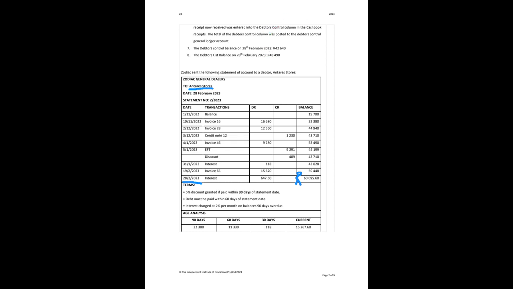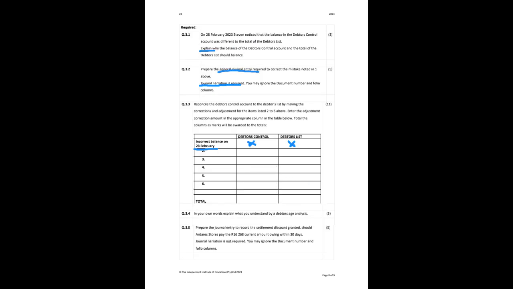These balances. Those are the balances that you will begin this exercise with, because we know that we have the 2 balances, but they are not the same. Then if I need to make any corrections on my debtors ledger side, I'll do that correction in this column.